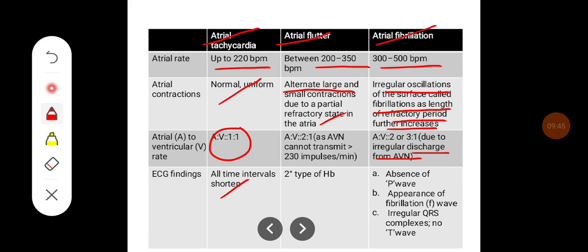In atrial flutter there can be second degree heart block, and in atrial fibrillation there is absence of P wave and appearance of fibrillation waves, and you can see irregular QRS complexes, and there won't be T waves.